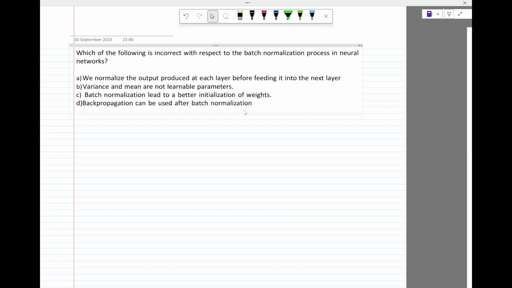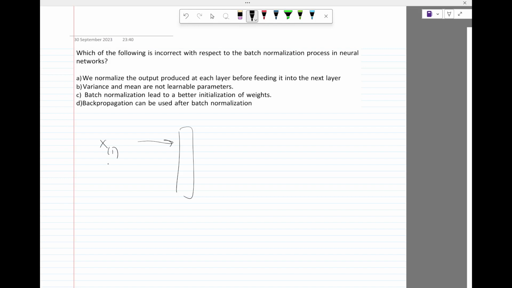So we normalize the output produced at each layer before feeding it into the next layer. Is that incorrect? That is not incorrect, right? That is the definition of batch normalization. When you have a neural network, you give some x, let's say batch 1.